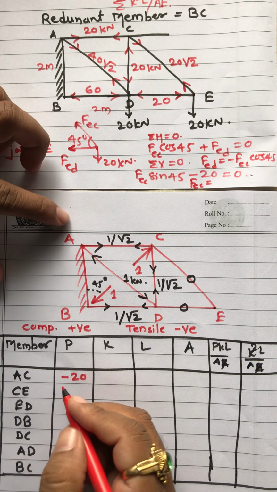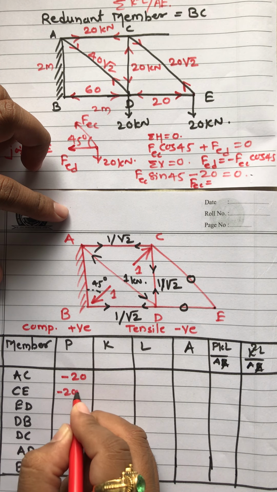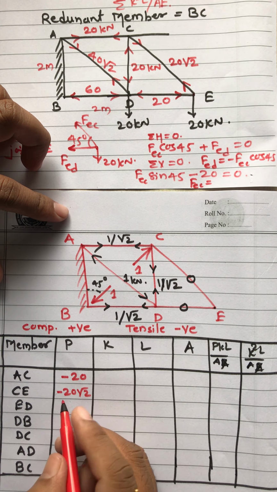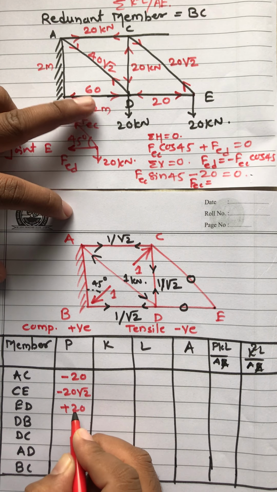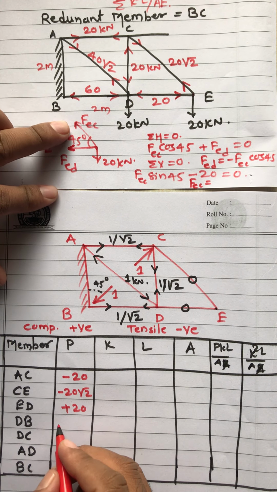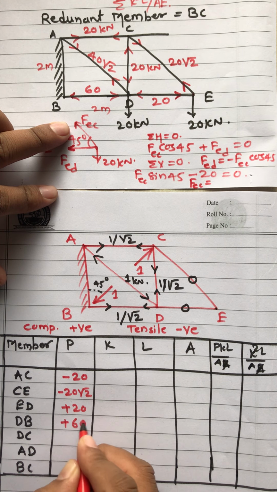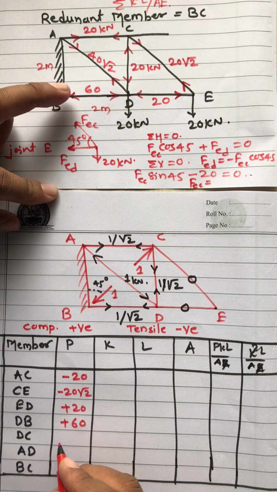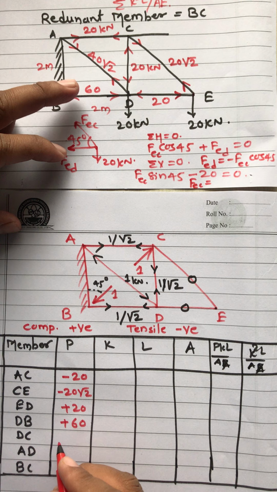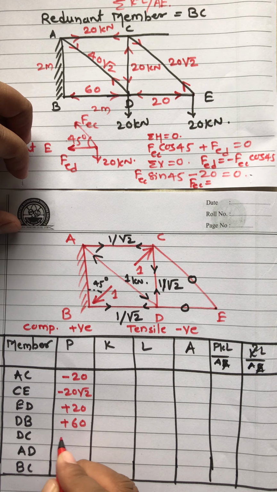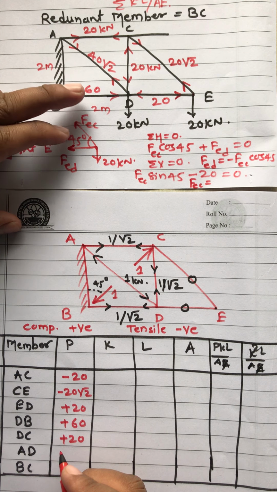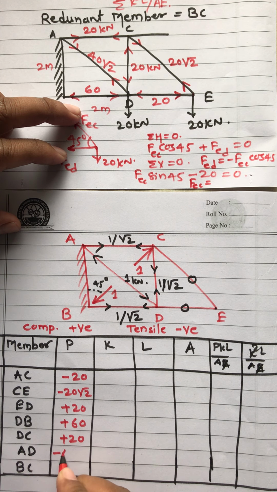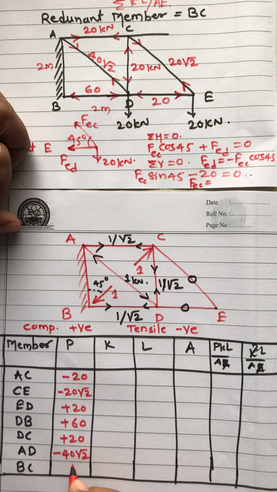CE minus 20 root 2, ED plus 20, BD plus 60, DC plus 20, and then we have AD minus 40 root 2, and BC we don't have the member, so it becomes 0.